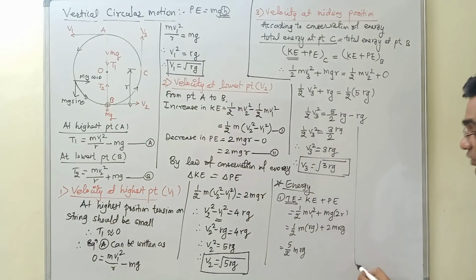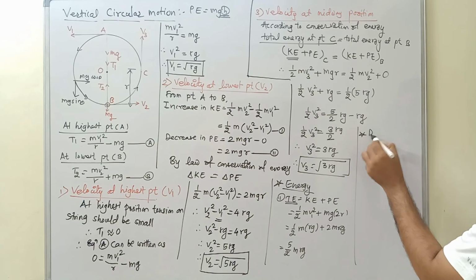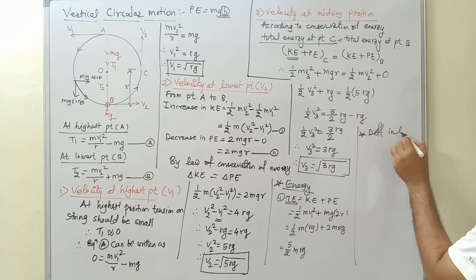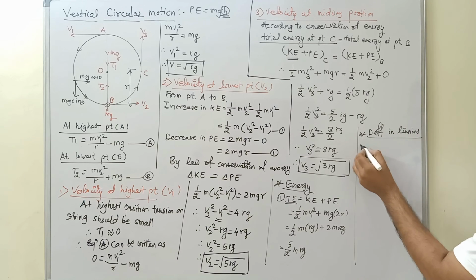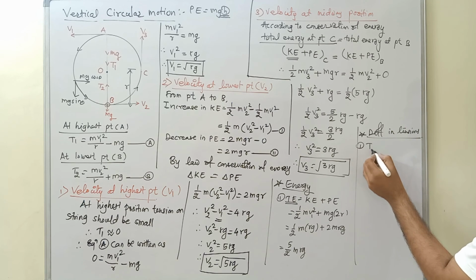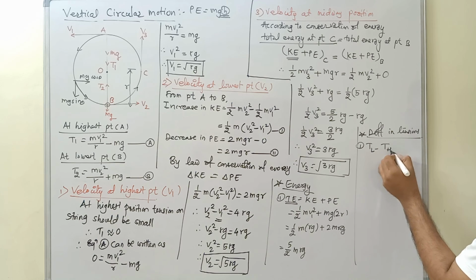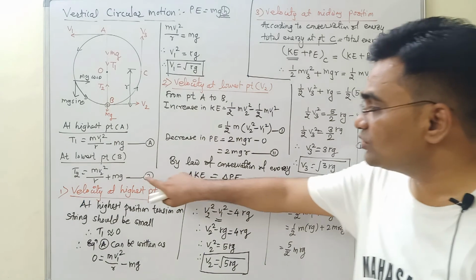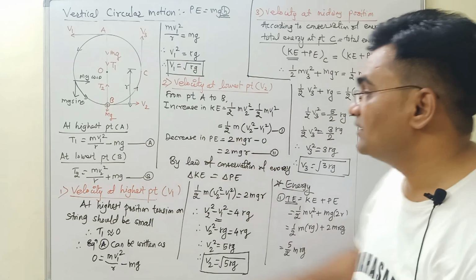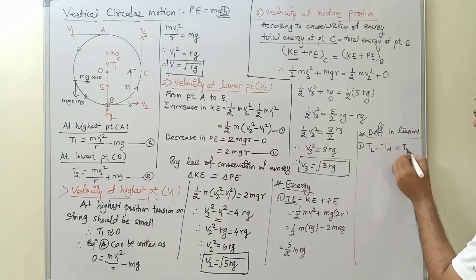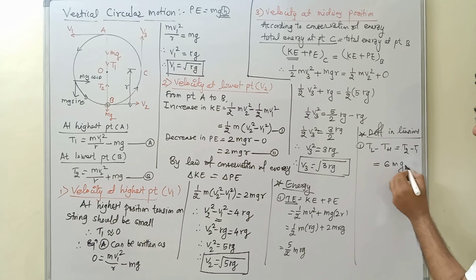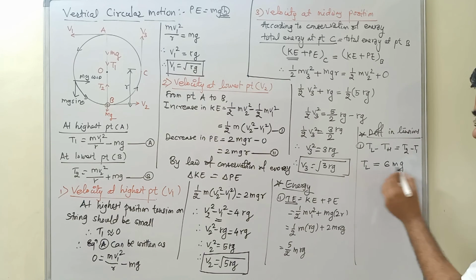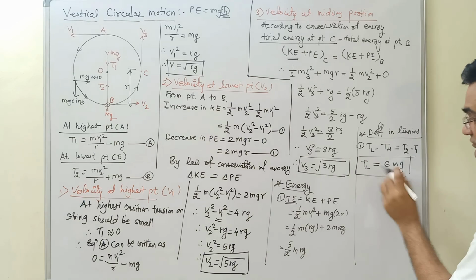And finally, you can find the difference in the tensions. To find the difference in tensions, meaning tension at the lowest minus tension at the highest position, you need to subtract equation A from B. That means you need to find T2 minus T1, and when you simplify this, its value is 6 mg.